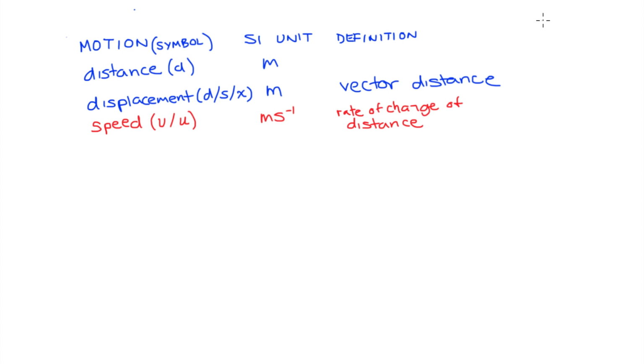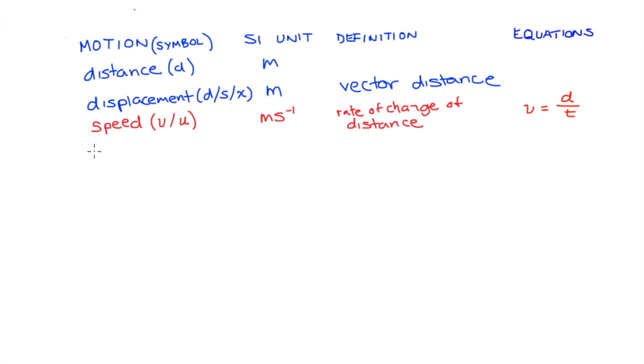Now let's add another little column for equations. Because we know that it is the rate of change of distance, it is the amount of distance that it's traveled in meters over seconds, which is time. So from this we can derive the equation that speed is equal to distance over time.